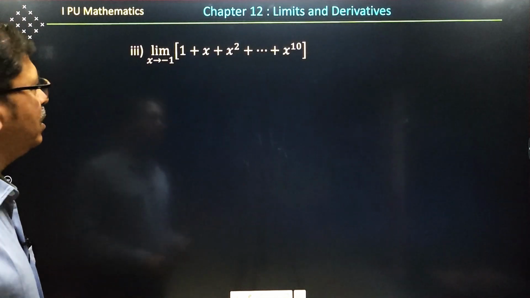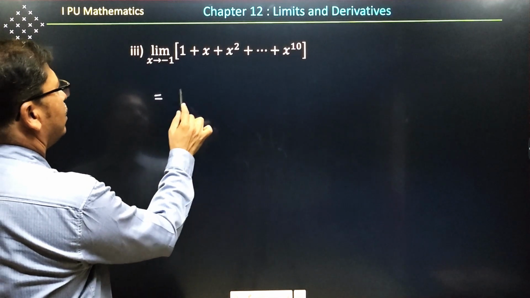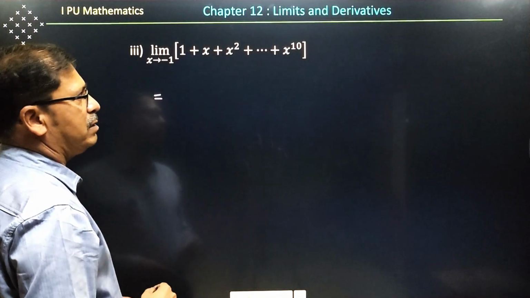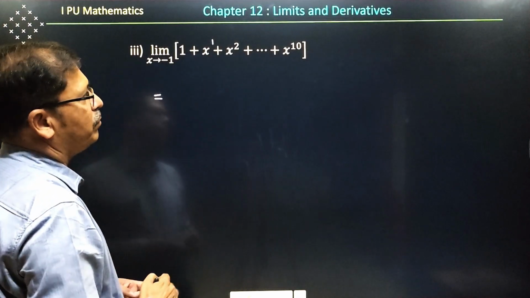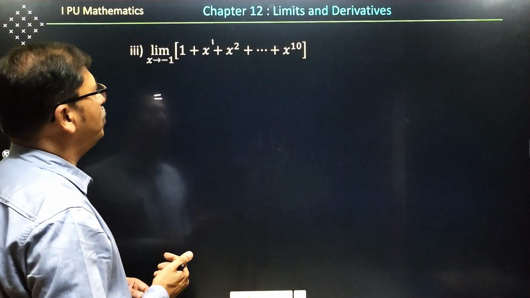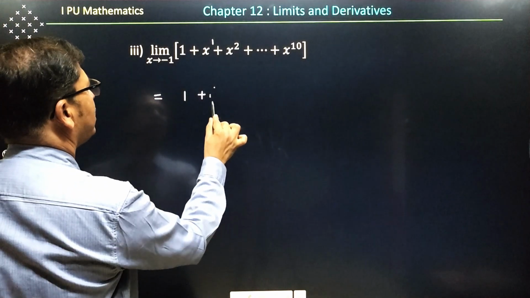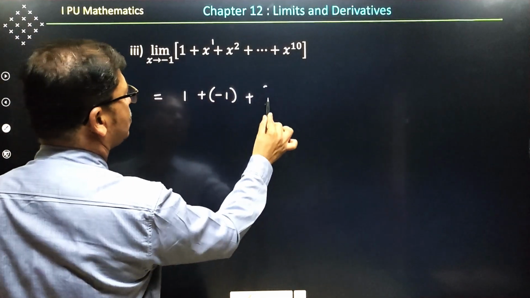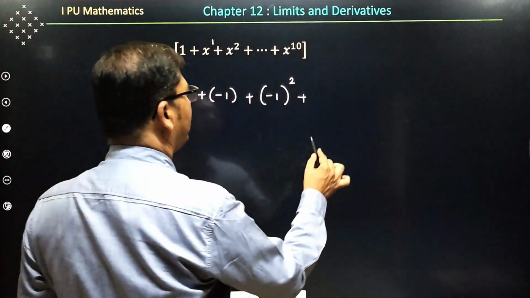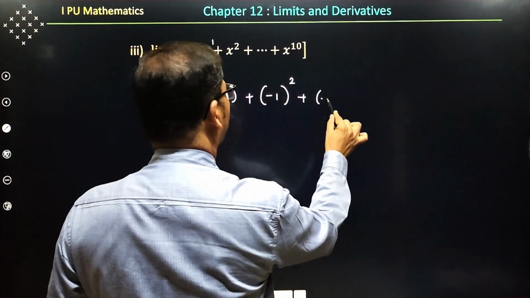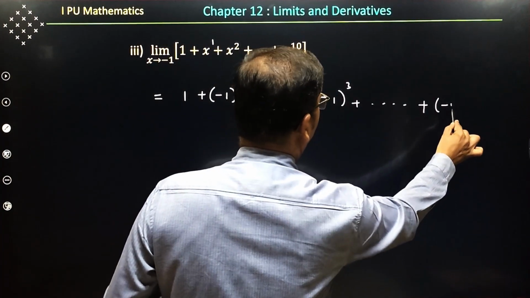So for the next one, x tends to minus 1. The expression is 1 plus x plus x squared up to x to the power 10. See, x to the power 1 means it is x. So we can write 1, further plus of minus 1, plus of minus 1 to the power 2, next in the sequence minus 1 to the power 3, and so on, plus minus 1 to the power 10.